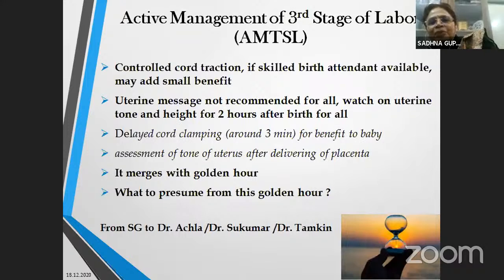Now coming to the golden hour, we will go very fast, in 5 or 10 minutes, over what we are supposed to do in the golden hour, the 4th stage of labor. Most complications occur around the 3rd and 4th stage. Dr. Achula and Dr. Sukumar, what should we do in the golden hour?